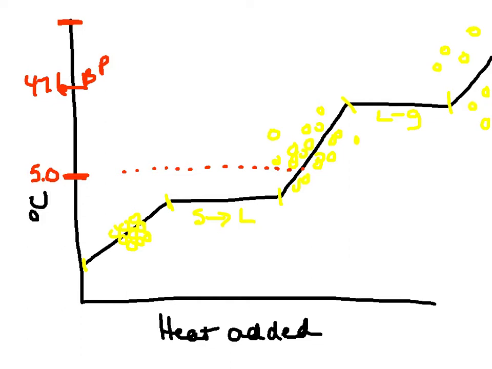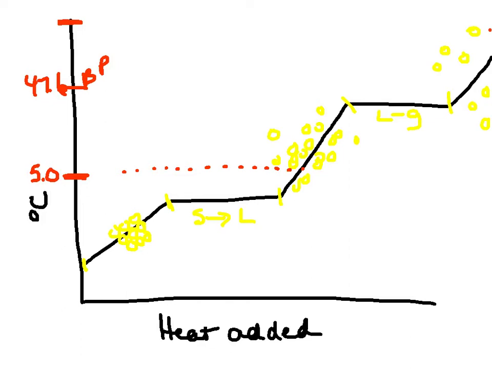So what we will do to figure out how we're going to get from 5 degrees Celsius up to our peak temperature of 82 degrees is to take each section of the graph and calculate the enthalpy change for each section of the graph.